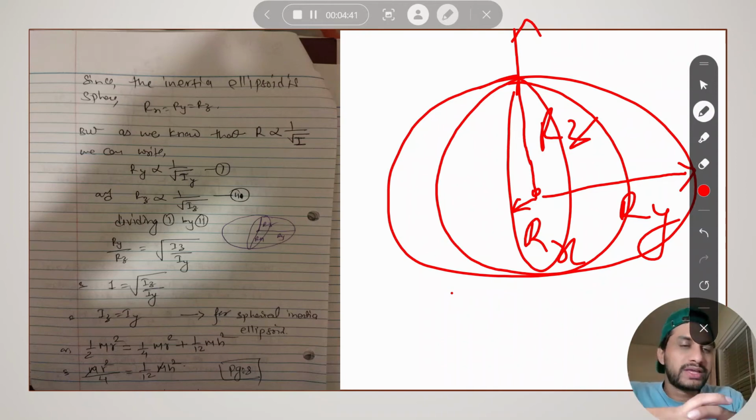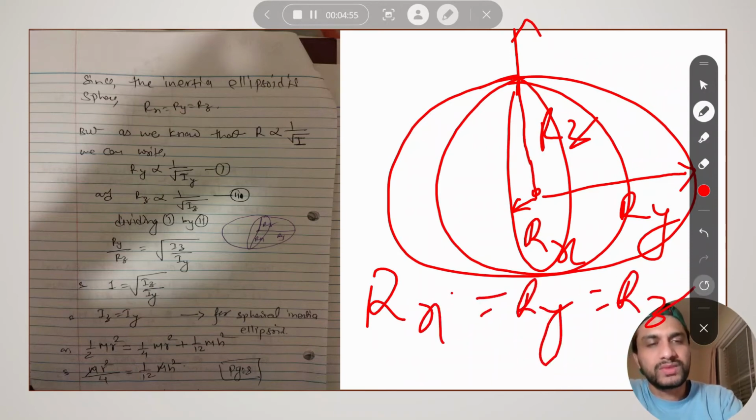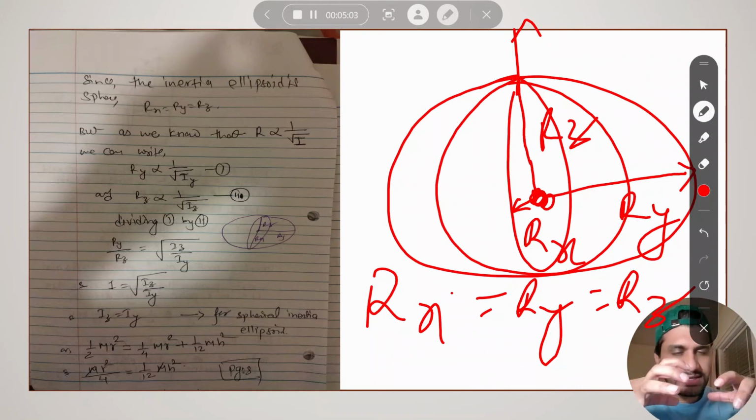But in this particular case, we consider the inertia ellipsoid to be a sphere, so it has equal radius in all directions. So we consider the special case of Rx equals Ry equals Rz, and this origin lies at the center of mass, at the center of the cylinder.